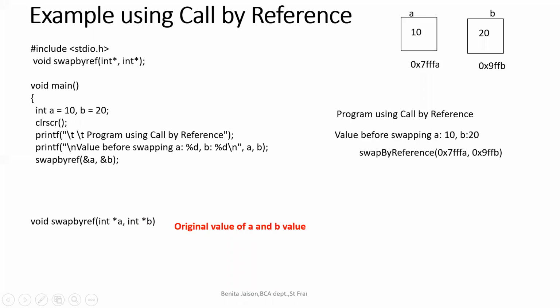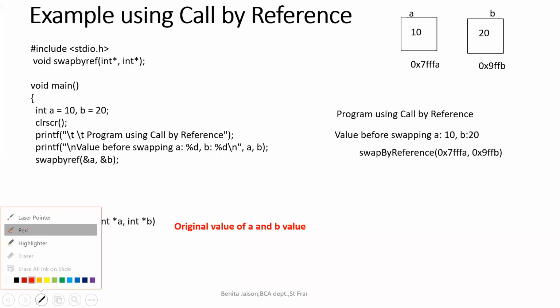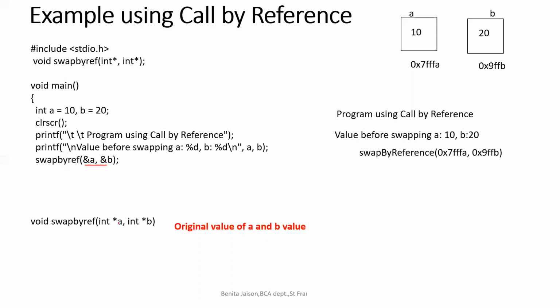So here, as I told, as we are passing the address, in the function we have to accept the address. Which type of variable will be able to accept the address? Only pointer variables will be able to accept the address.